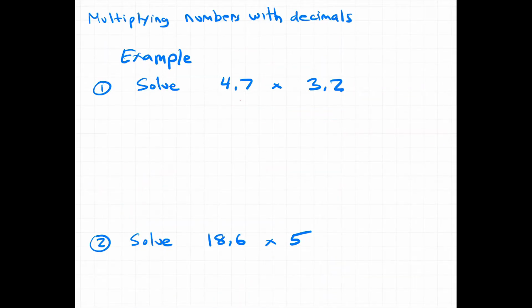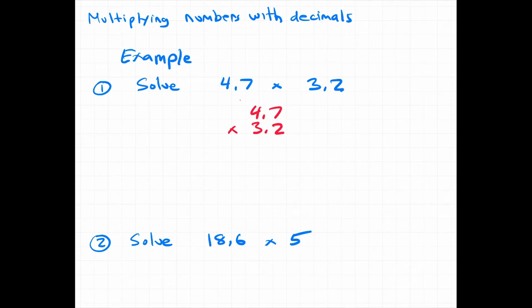Okay, next we're going to take a look at multiplying numbers with decimals. So in this case, we've got 4.7 times 3.2. So again, what you want to do is you want to take these numbers and just line them up like so. 4.7 times 3.2.